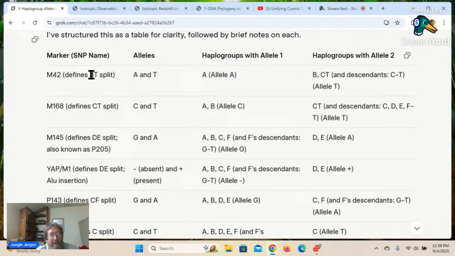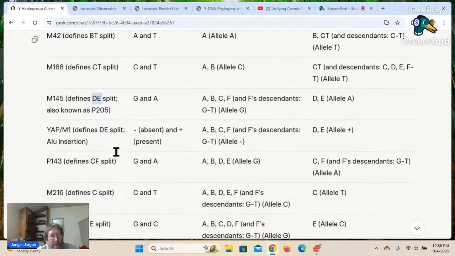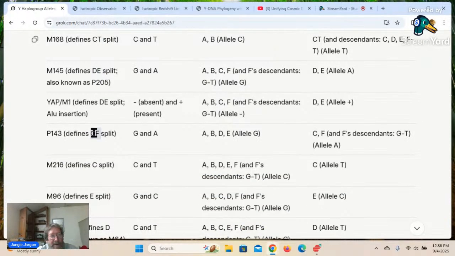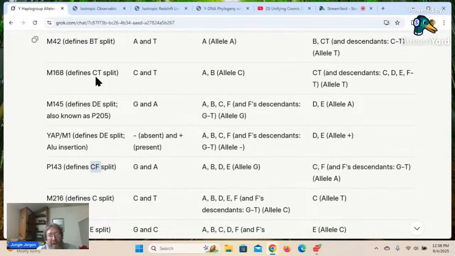This is the BT split. You have the BT split. You have the CT split and the DE split and the CF split, because these are all different. These are all different markers and alleles.